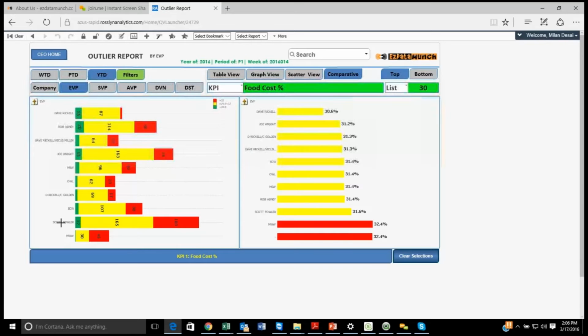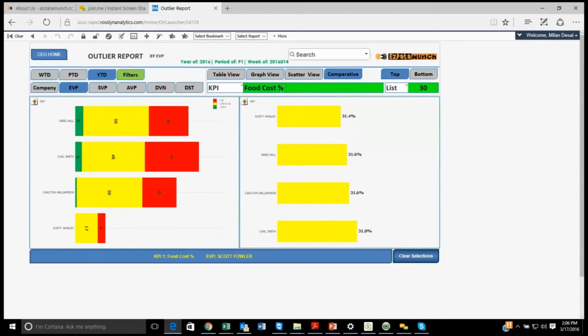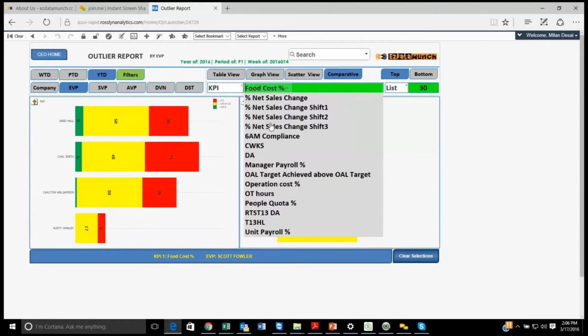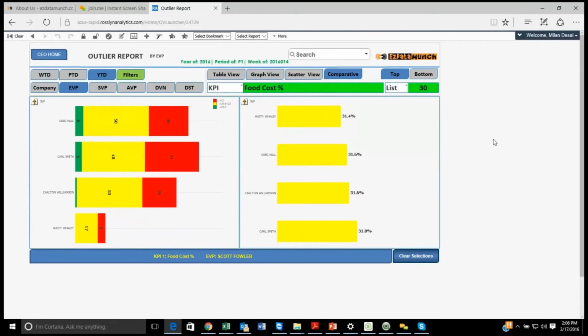So I just click on Scott, and then I will drill down further into what's happening with Scott on the food cost. You have different KPIs here that you can select: food cost, net sales change. These are all pre-built, pre-calculated KPIs. So when we map your data, when we get the data from you, we can map it to all these KPIs. We can add more KPIs as required.